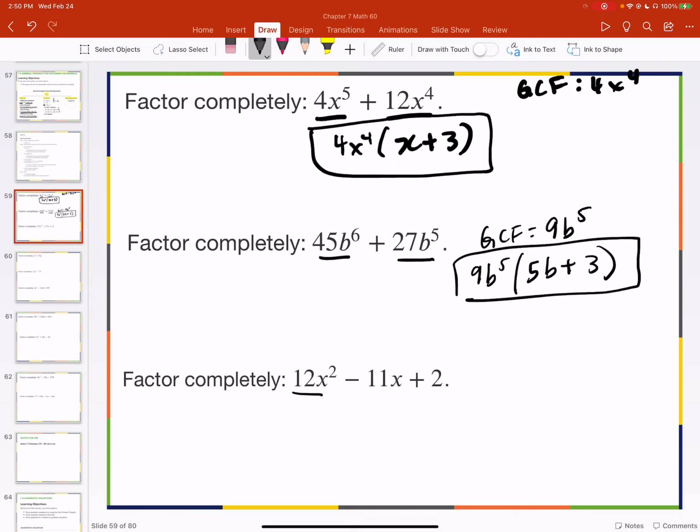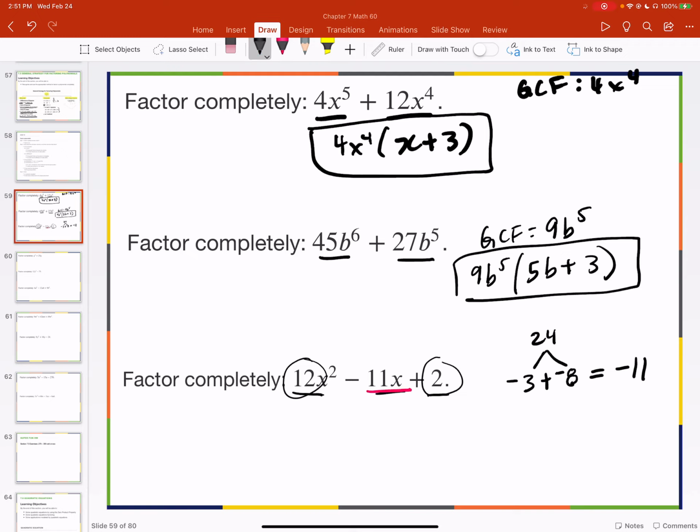How about this one here? Do we have a common GCF? No, we do not. So we can do the AC method. AC is 24. What are the factors of 24 that when combined become negative 11? If they're both negative, negative 3 times negative 8, we combine them to become negative 11, and the product is 24. So then remember, we replace the middle term with this.